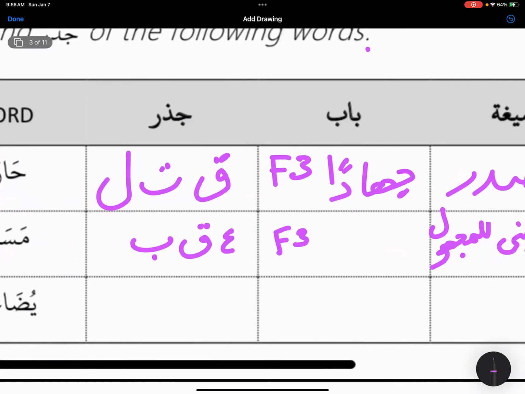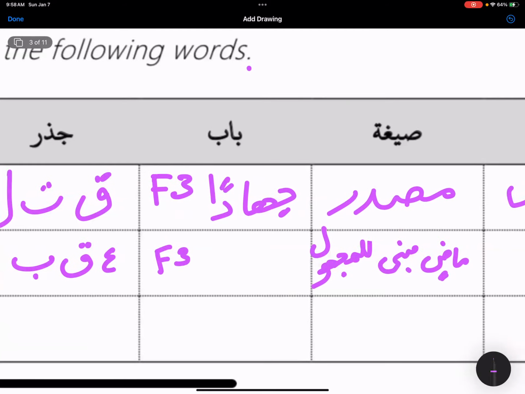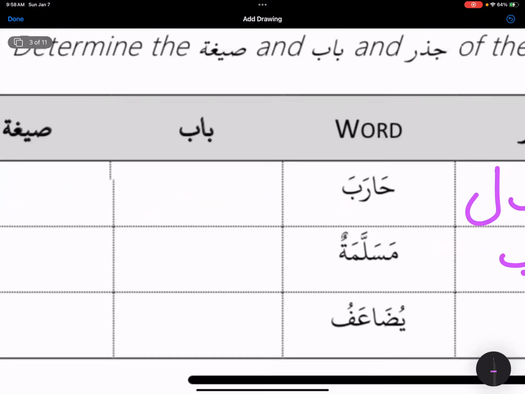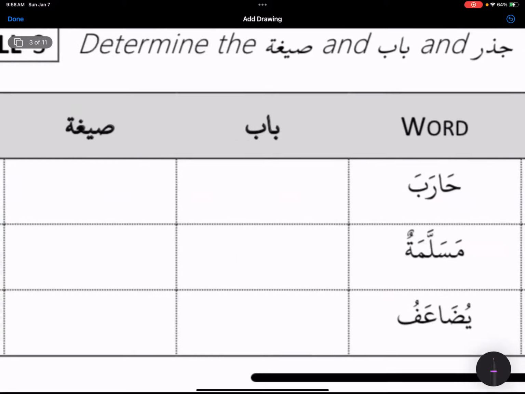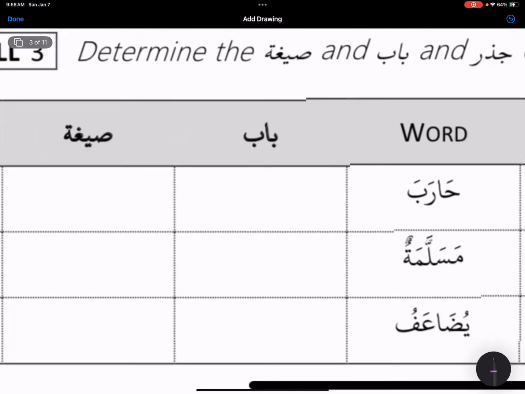And jazar, we already did: kaf, zal, ba. Kadhaba. Very good. Alhamdulillah. Now next one is hurriba. So the bab is mufa'ala, or family 3. Siga is Madi Majhul. Jazar is Haraba. Very good.